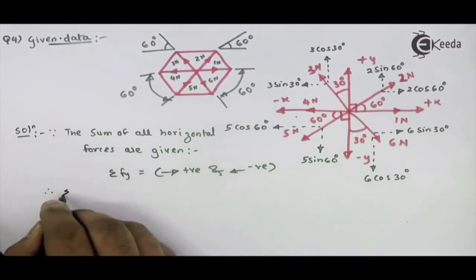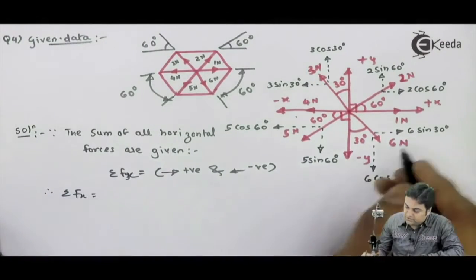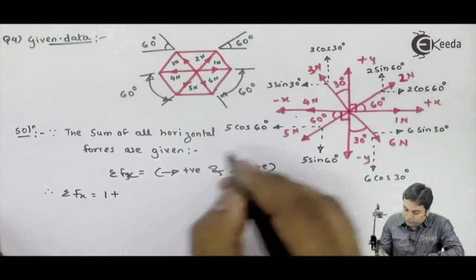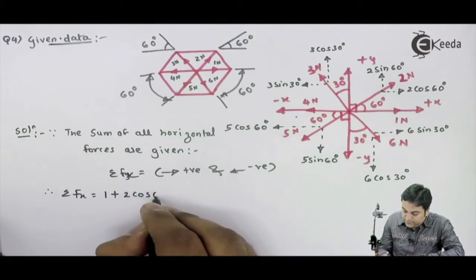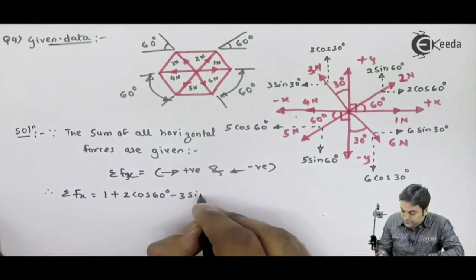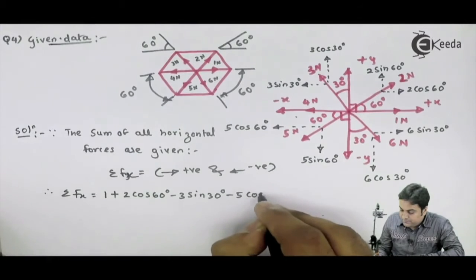Hence, summation Fx is equal to 1 Newton positive because towards right, 2 cos 60 positive towards right, 3 sin 30 negative towards left, 5 cos 60 negative towards left.